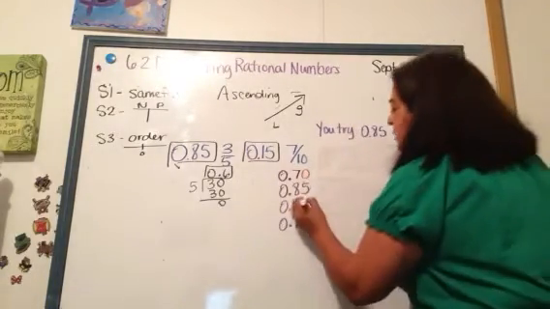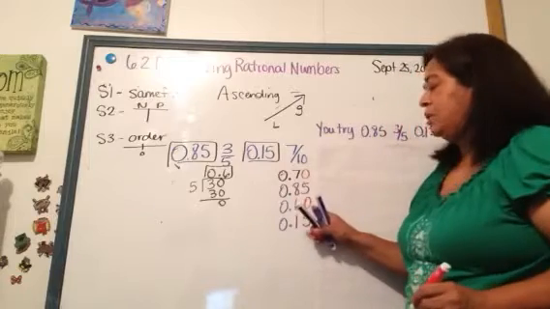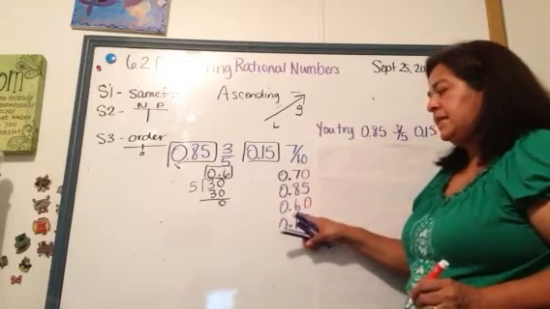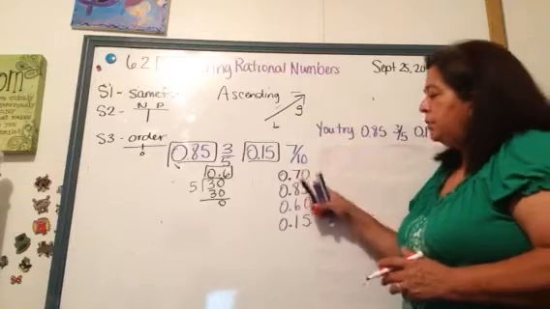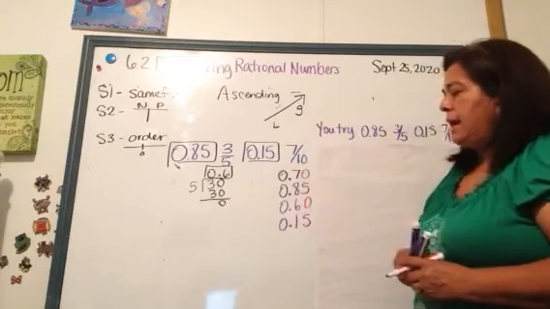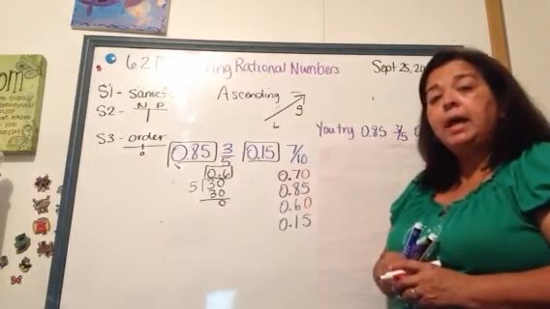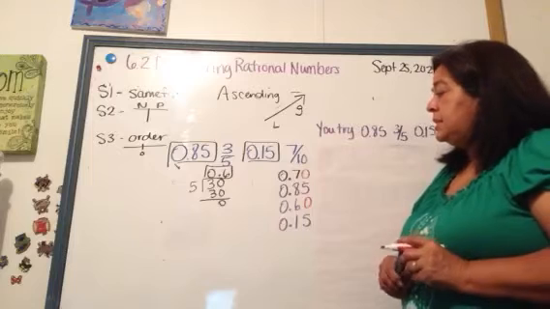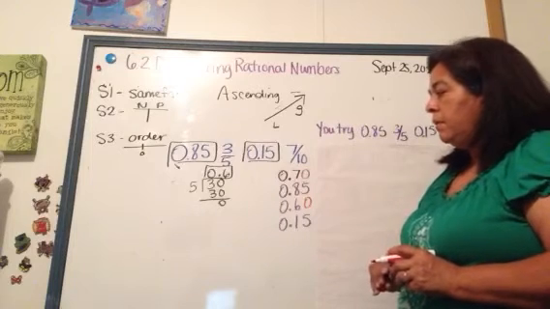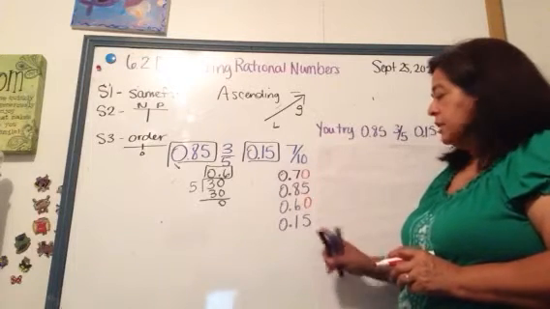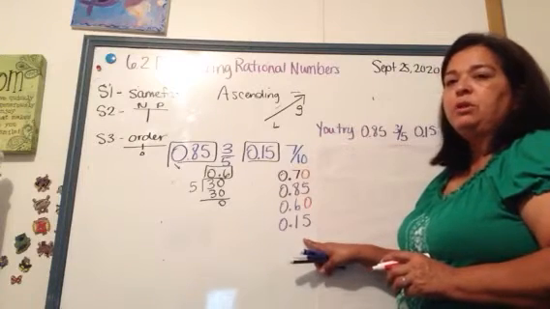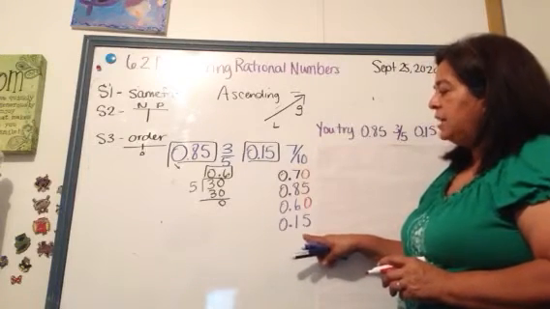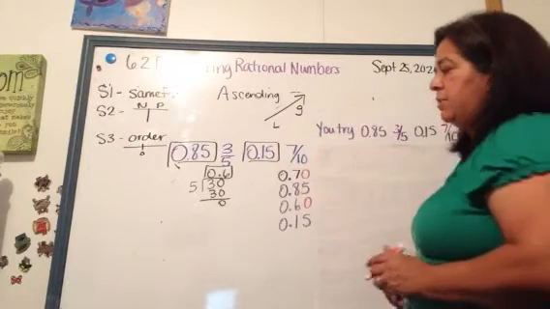I'm going to add a place value 0 here, placeholder. And this is 6/10, which is equivalent to 60 hundredths. They're just placeholders. Now when I look at it, and I think in terms of money, can you tell me which one is the least amount? Hopefully you said 15 cents. Actually, it's 15 hundredths when you read it. So 15 hundredths is less than anything else we have listed.